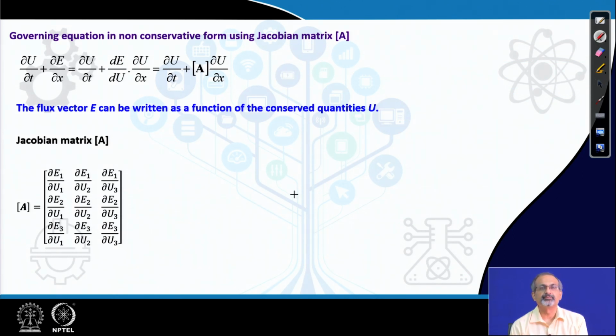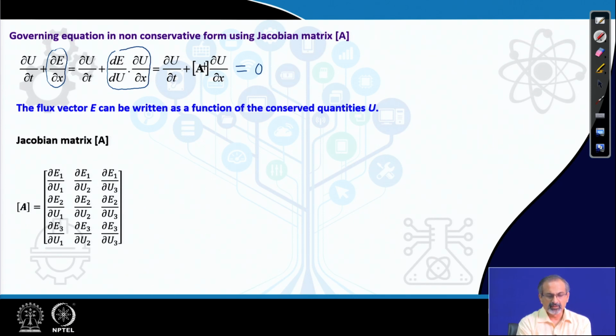Let us take the concepts a little further. So, we are looking at this equation, and now we are going to change this term a little bit, and write it like this. We will write it as a derivative of E with respect to u, multiplied with the derivative of u with respect to x.